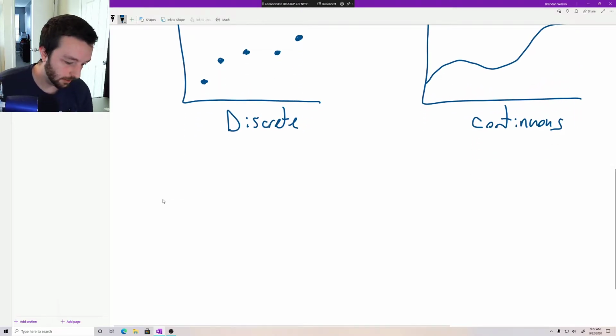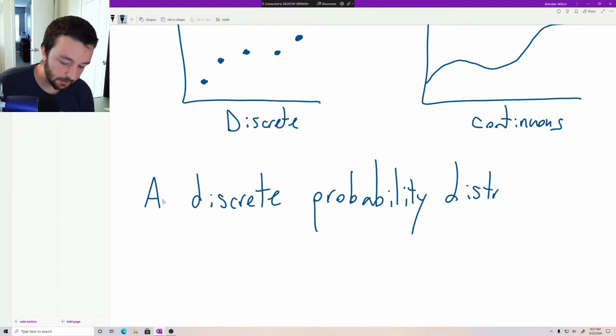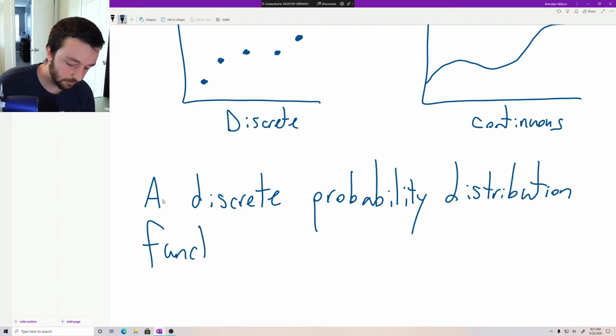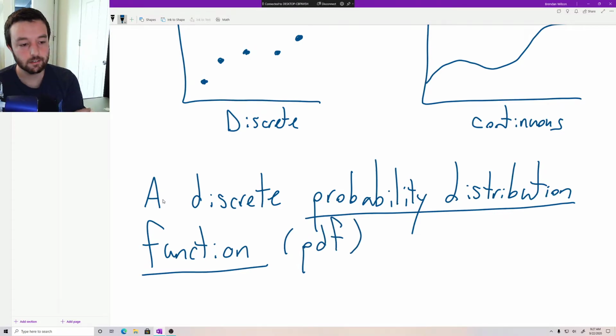Let's look at what's called a discrete probability distribution function, or a PDF. So often we just use the abbreviation PDF.